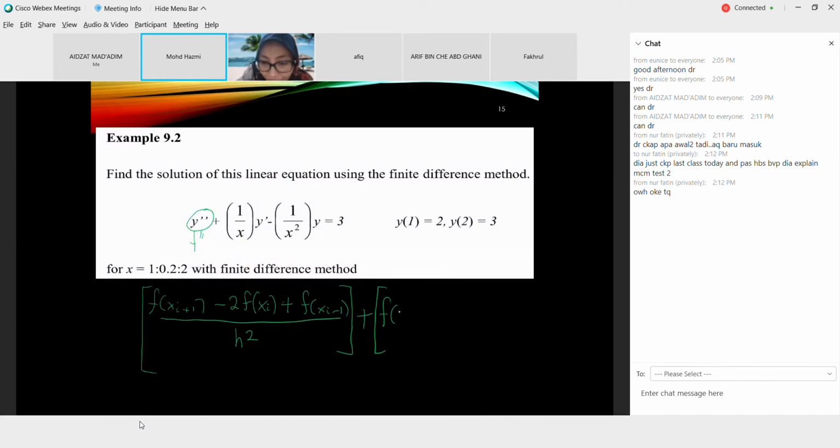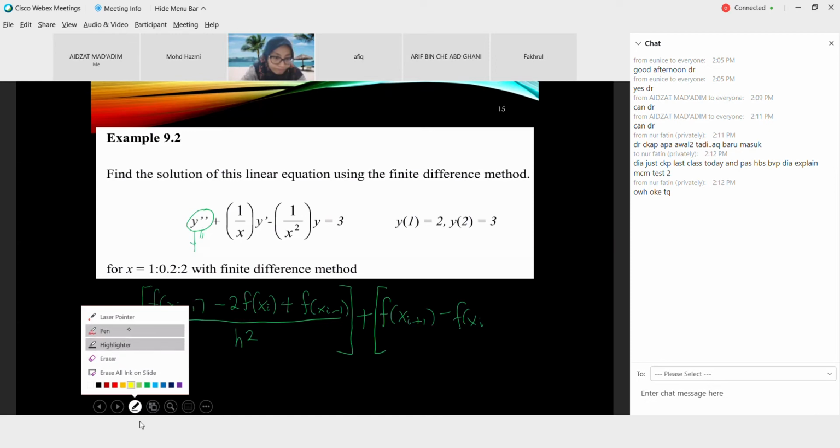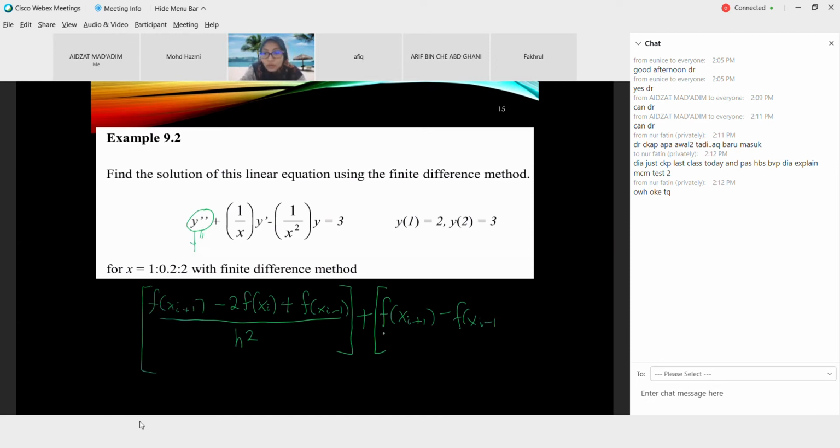Function xi plus 1, function xi minus 1 over 2h. Okay, don't forget to put 1 over x.